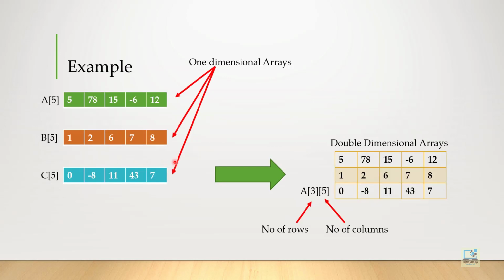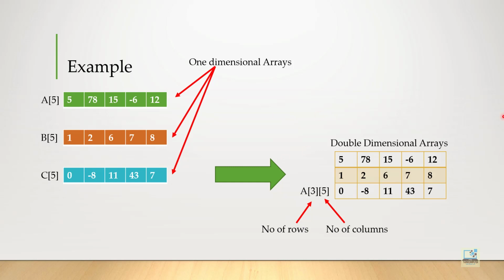For example, suppose we have three one-dimensional arrays, array A, array B and array C. Array A contains these 5 values, similarly array B contains these values and array C contains these values. Now if I combine all three of these arrays and create such a structure, then this is a double dimensional array.